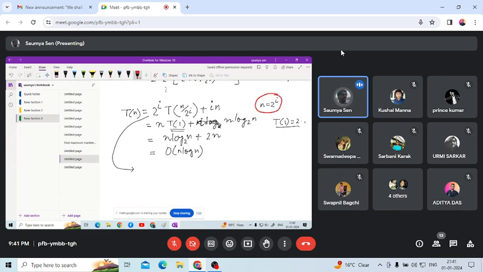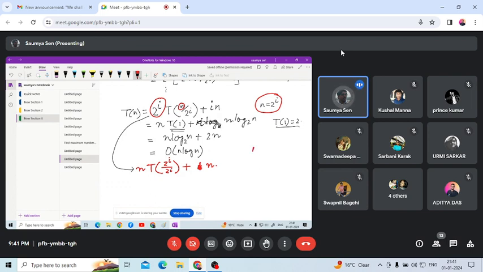In case of n, we write 2 to the power i by 2 to the power i plus n into i.